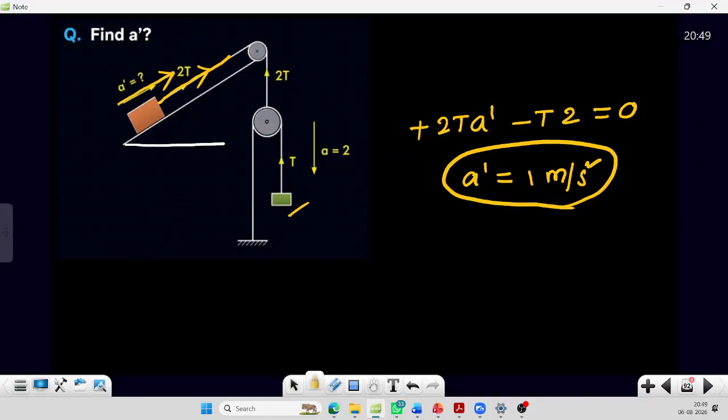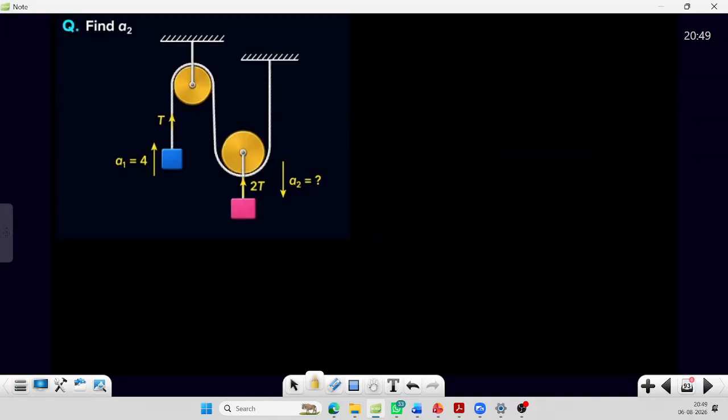But here in the tension calculation, we should do it. But for acceleration, no need to do. Next one.